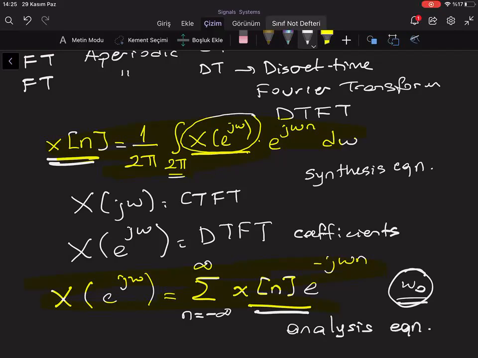Analysis means we are decomposing our signal x of n into sines and cosines, and we are trying to find out the similarities between x of n and sine and cosine.